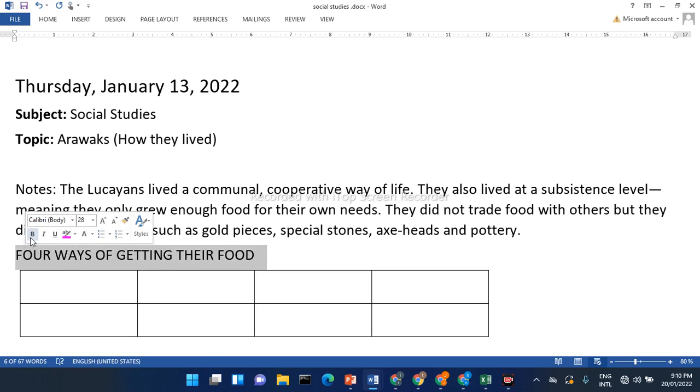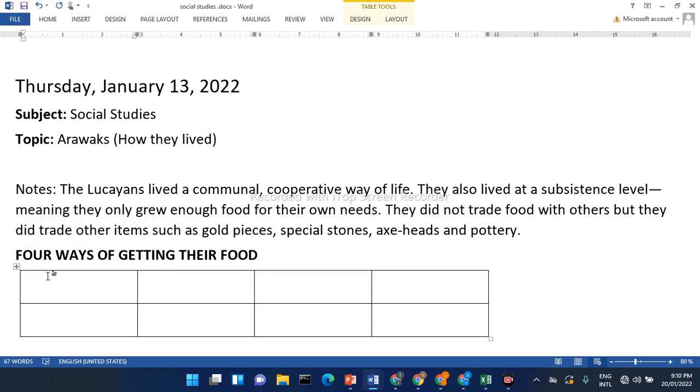So how did the Lucayans get their food? The first way we can talk about is fishing. Fishing is one way they got their food, so obviously they would eat things from the water. The next way is farming, so they would do agriculture. The next way is hunting, and the fourth way is gathering.